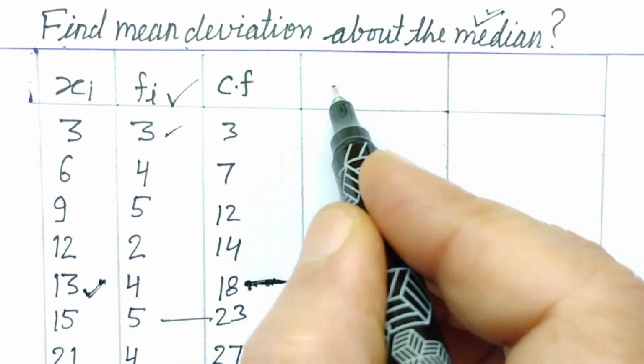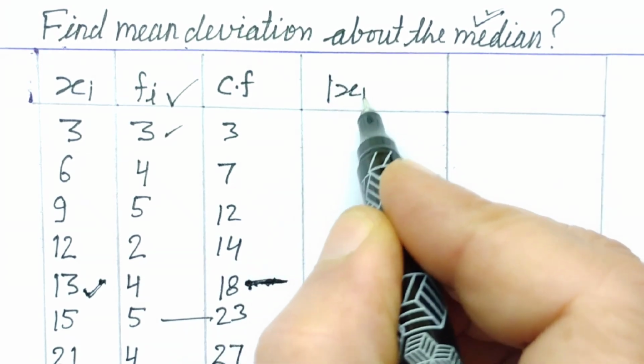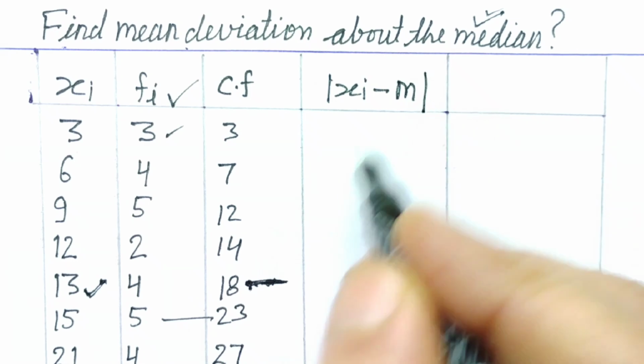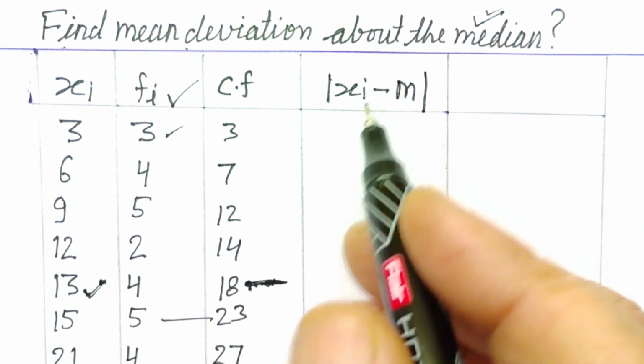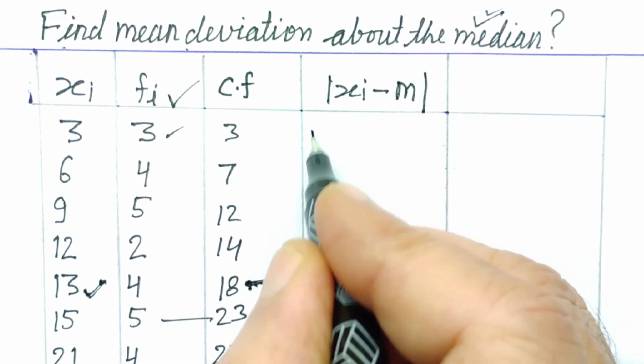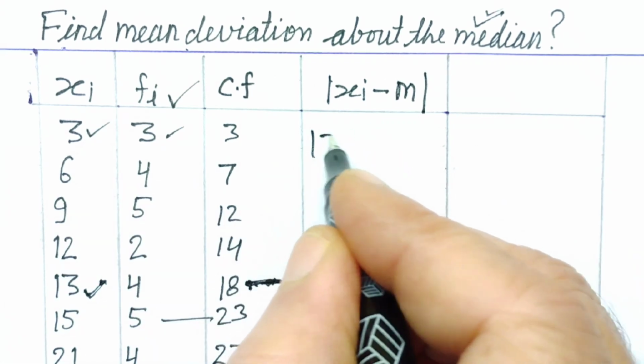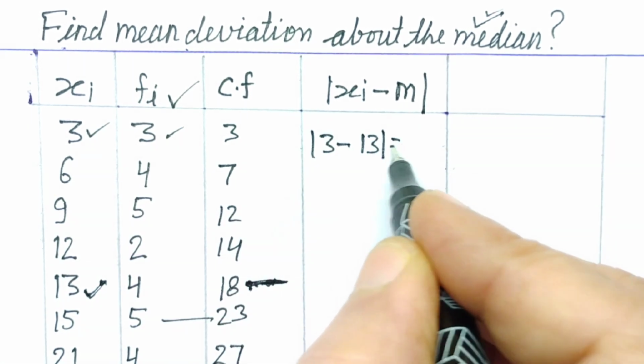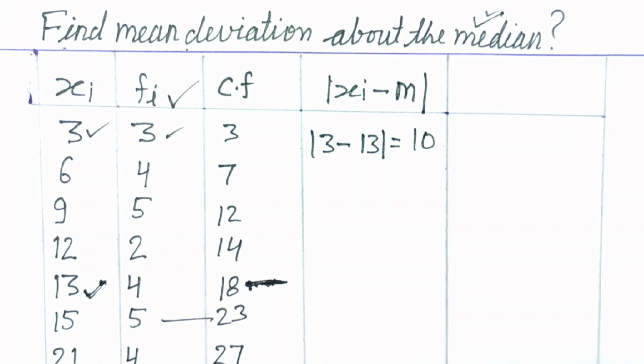Here we take mod of xi minus the median. So mod of 3 minus the median 13 is equal to 10.